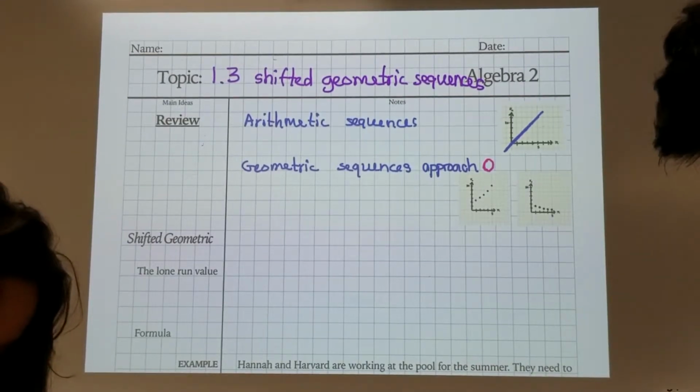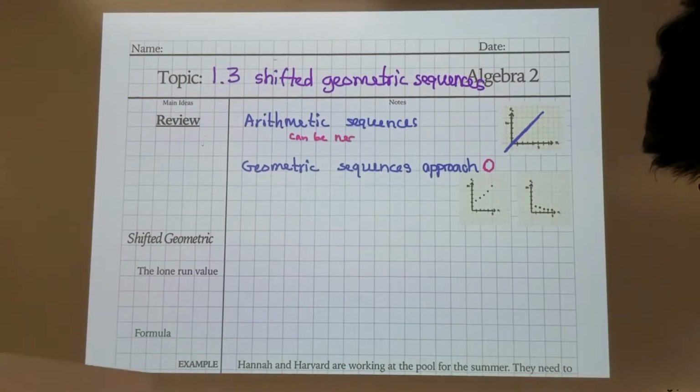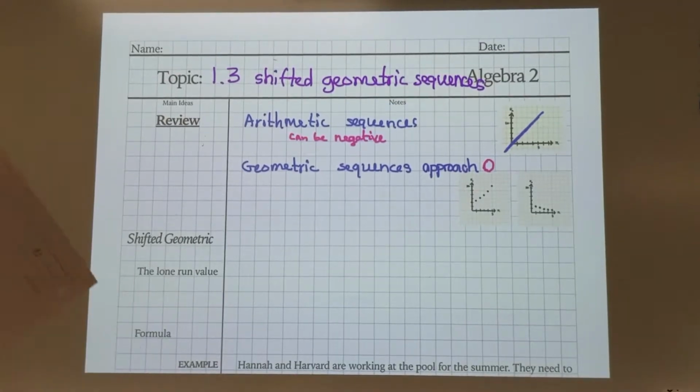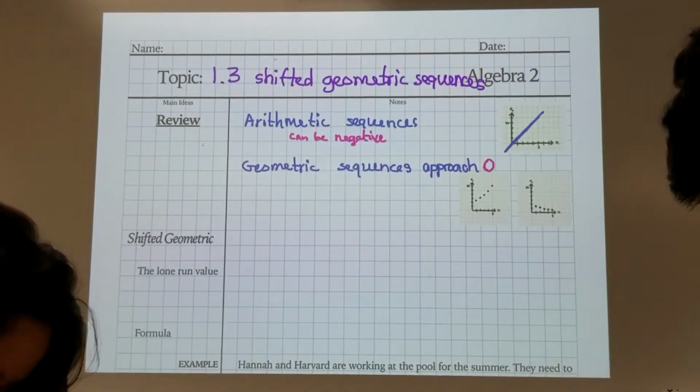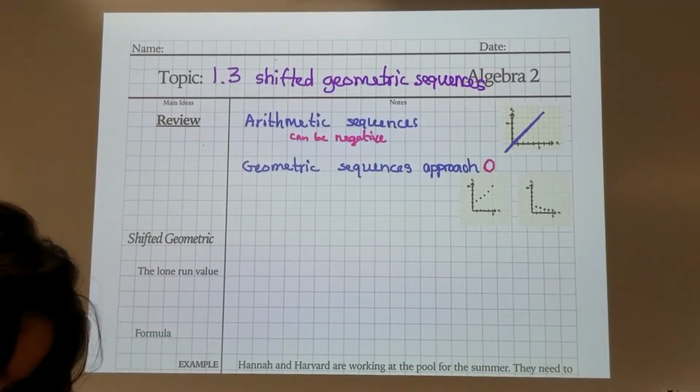Arithmetic sequences can be negative. It's not that they can't be negative, it's that they will always approach 0. Their values will be getting smaller and smaller and smaller.